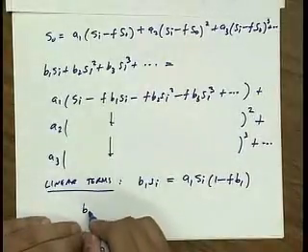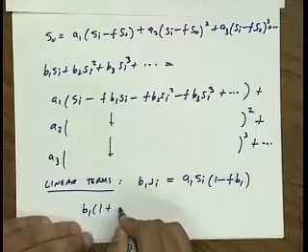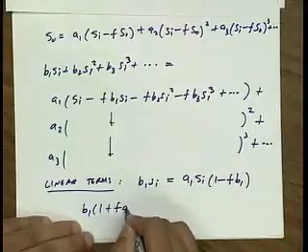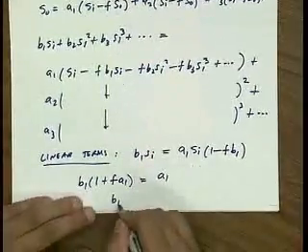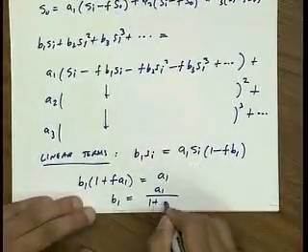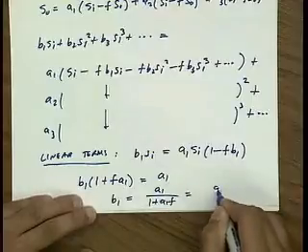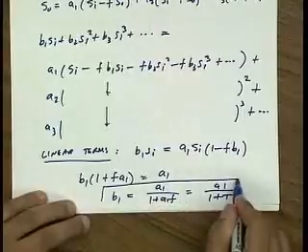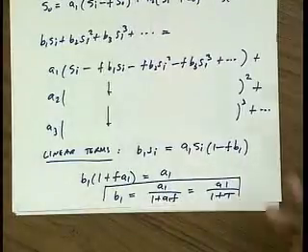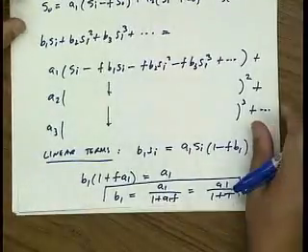If I solve this, I have B1 (1 plus F A1) equal to A1, or finally B1 is equal to A1 over (1 plus A1 F), or A1 over 1 plus T, which is the loop gain. This is exactly the result that we get in linear analysis, so it's no surprise.